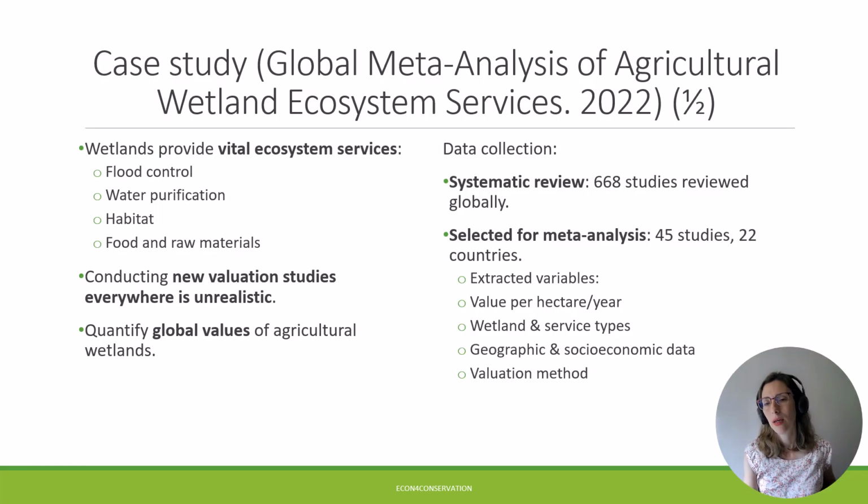Now that we've gone over benefit transfer methods, let's look at a peer-reviewed case study that demonstrates how the meta-analysis for benefit transfer works in practice. We'll focus on a 2022 study published in Wetlands Ecology and Management that used meta-analysis to value ecosystem services from agricultural wetlands.